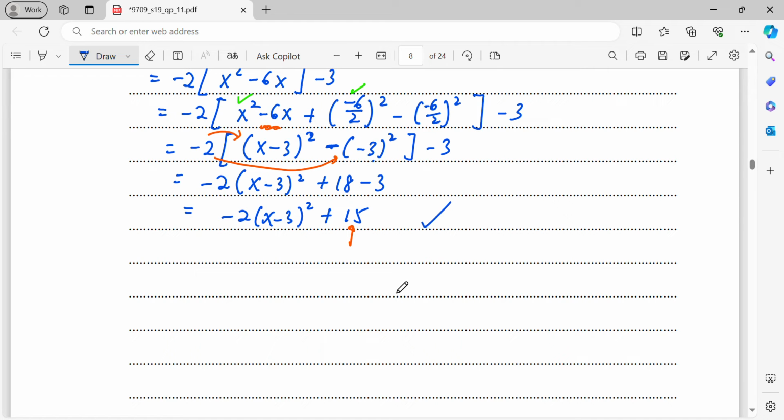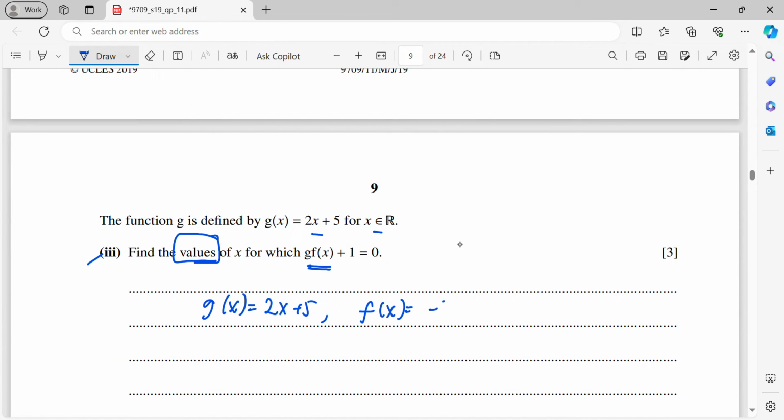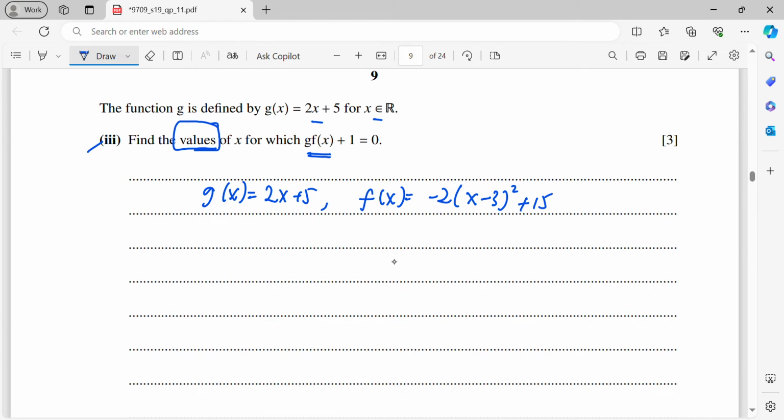Copy this: minus 2 times (x minus 3) squared plus 15. Okay, now gf(x) plus 1. So gf(x) is basically g of f(x).